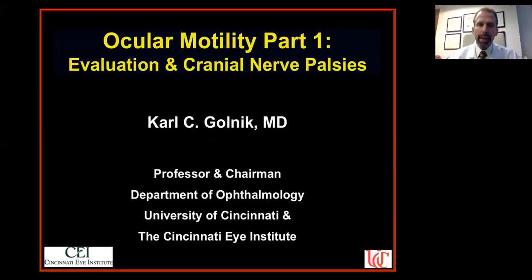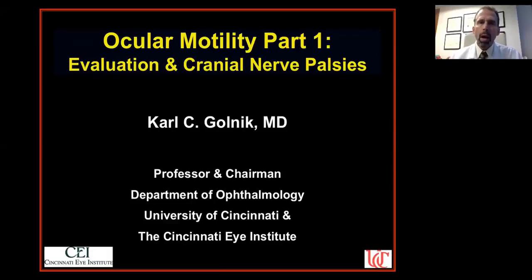Some of you may have attended my last webinar, where we talked about, I think it was part 2 of optic neuropathies, and I said that we'd try to do another optic neuropathies webinar. We will, but we'd already advertised this topic, ocular motility. So we'll probably do a couple of webinars over the next couple months on this topic and then go back and finish up with optic neuropathies, including things like papilledema and toxic and nutritional optic neuropathies.